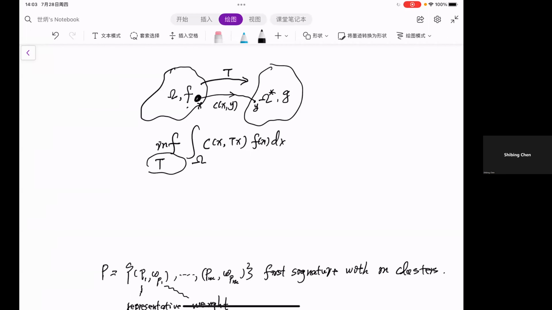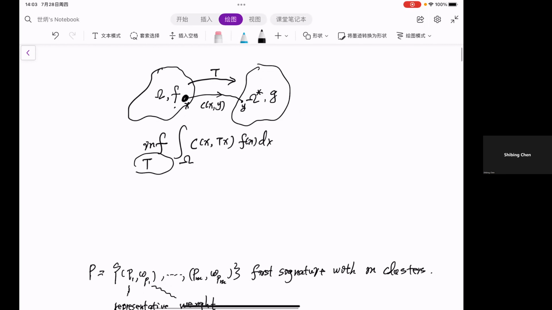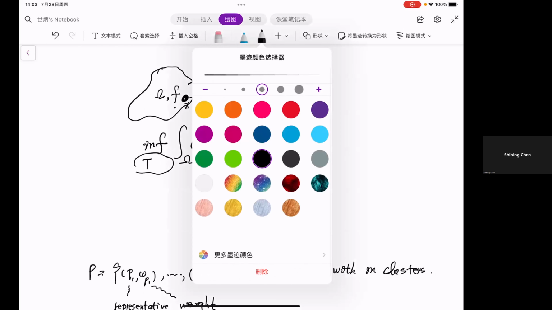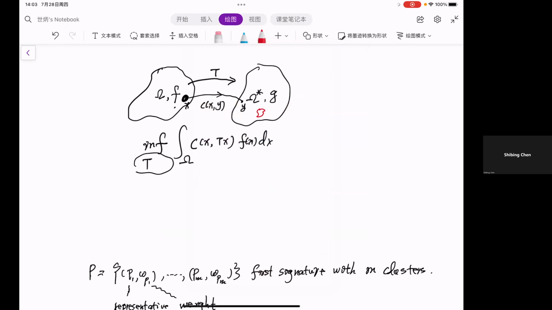A very natural condition we can think of is the following one. In omega star, the target domain, you have a small part of the region, which for example contains some factories. Using mathematical language, we can think of it as a Borel set A contained in the target domain.